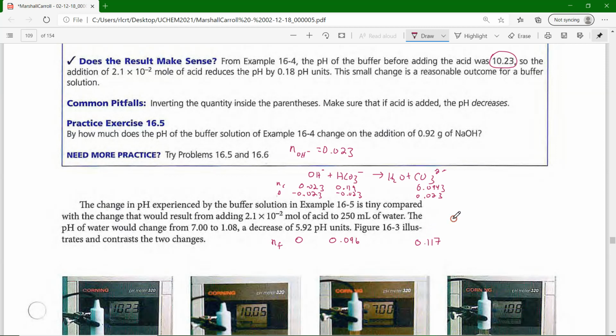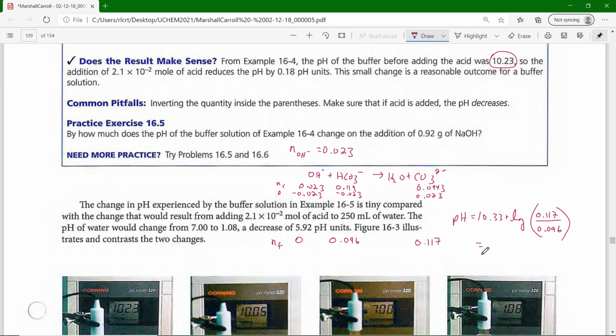So the pH equals the pKa, which was 10.33, plus the log of the conjugate base, which is CO3 2 minus. I mean, I can divide by the volume, but the volume term will cancel out, over the HCO3 minus, which is 0.096.